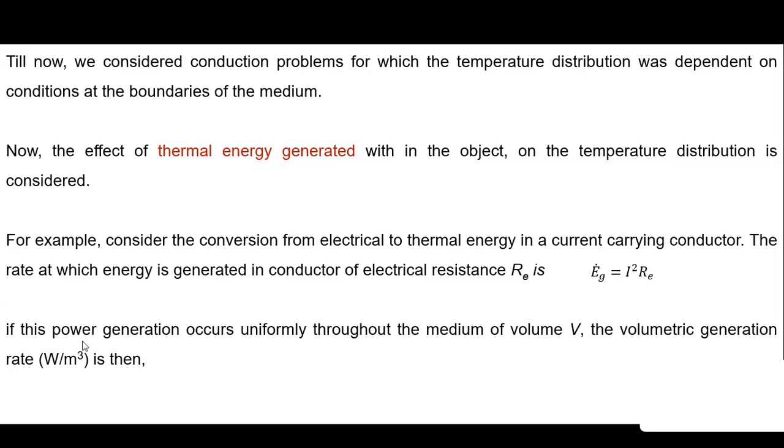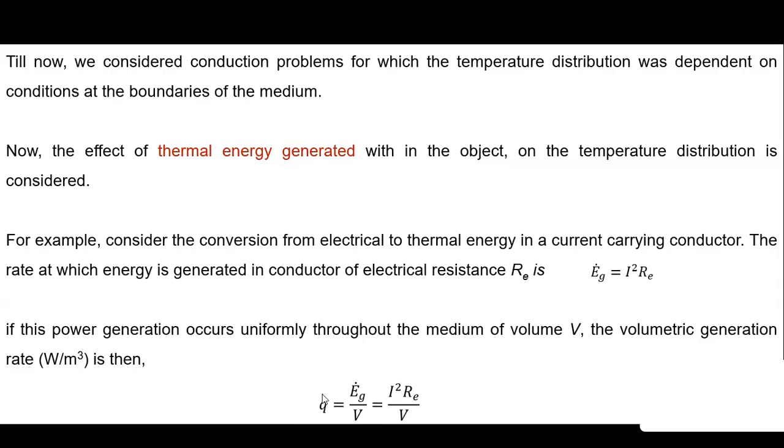Then if this energy generation occurs uniformly throughout the medium of volume V, the volumetric rate of generation in watt per meter cube can be specified by using a simple equation, that is the rate of generation divided by volume. So I square Re divided by V.